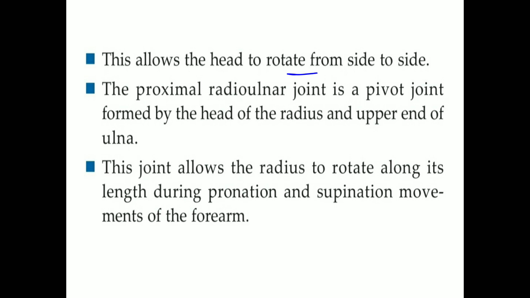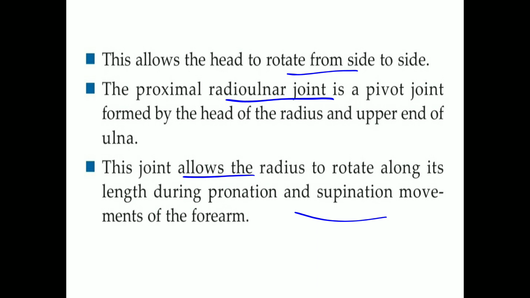And this allows the head to rotate from side to side. And the proximal radioulnar joint, the joint between the proximal ends, the upper ends of the radius and ulna in the forearm, is a pivot joint, which is also helping in the rotation. And this joint allows the radius to rotate along its length, causing supination and pronation.